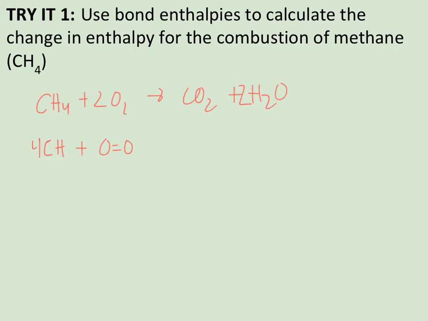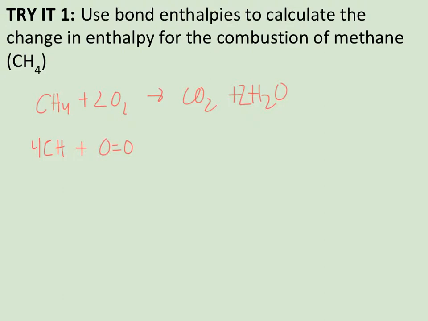So that lets me know I'm going to have 2 of the OH bonds, and then I'm going to be subtracting: the CO2 has 2 carbon-oxygen double bonds, and the water again has OH bonds, 2 of them, and I've got 2 water, so I'm going to subtract that.